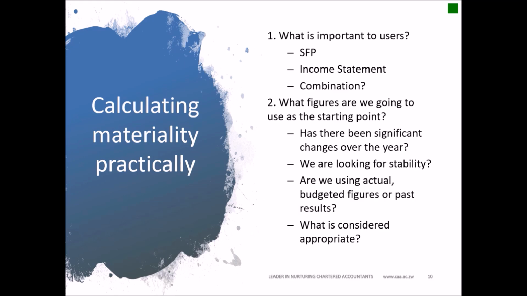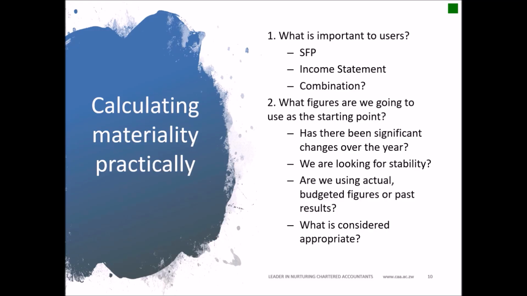An entity with heavy equipment, heavy assets, will likely be looking at the statement of financial position. For a profit-oriented entity, they are likely worried about the income statement and the profit. So which statement are you going to use? When you get into a test or examination, make sure you can justify the steps that you are following.